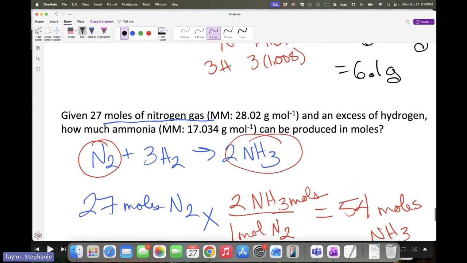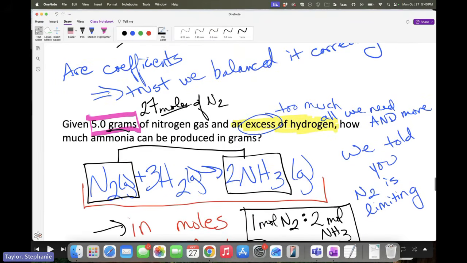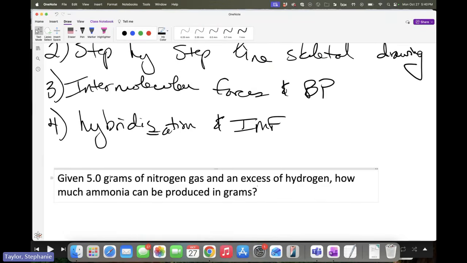So I'm going to do one limiting reactant problem just to show one of the ways that it works. How do I want to do this? I am cheating, yes, let us cheat and save ourselves a little bit of time.